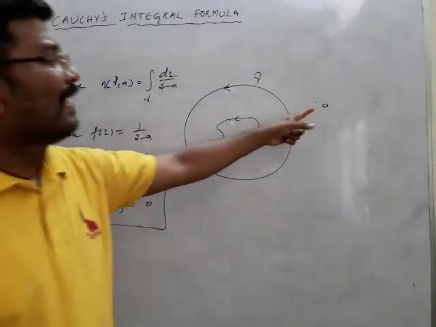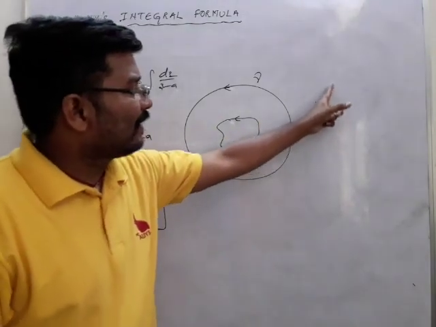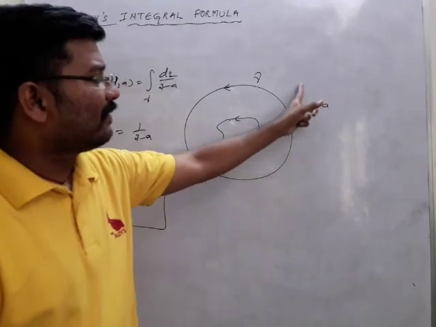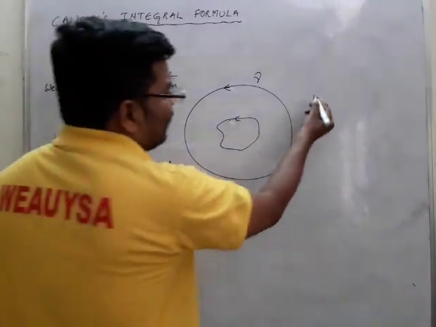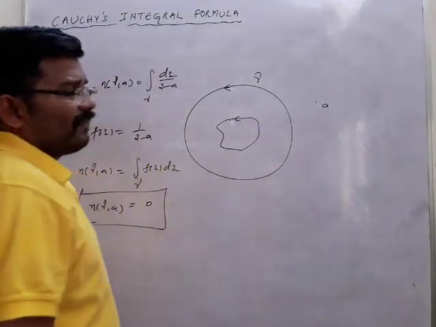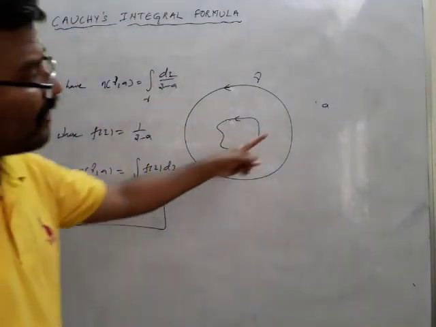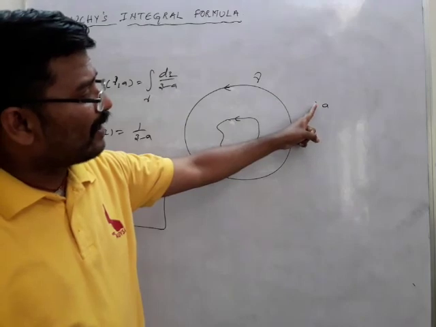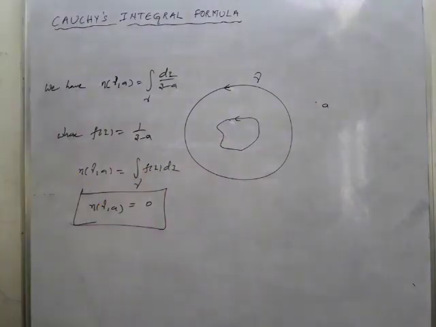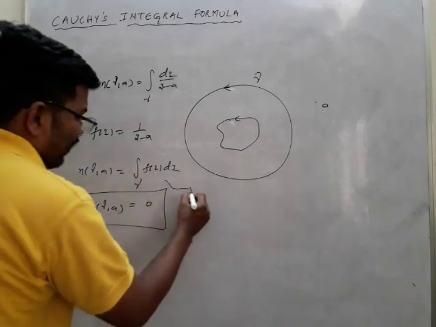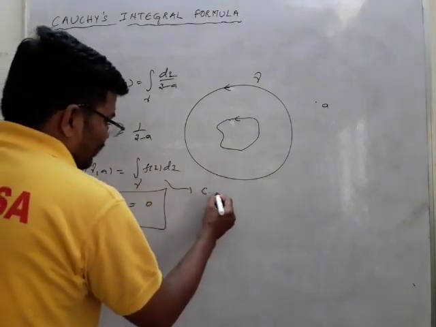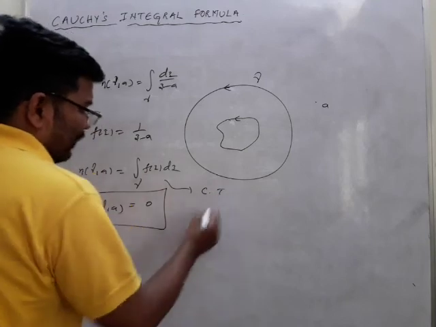There is no curve which is covered with the help of a. We cannot see that there is a closed curve around it. So the winding number of n of gamma comma a, for a point which is outside, is nothing but 0. This is with respect to Cauchy's theorem.